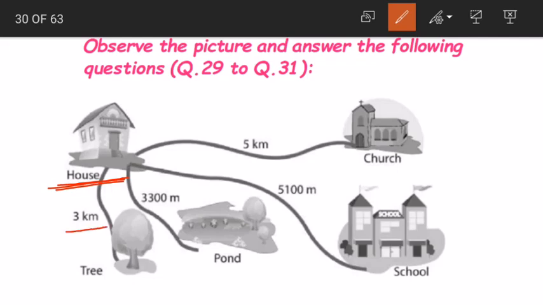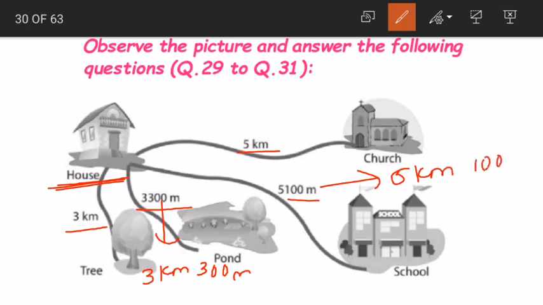We are having 3 kilometers, 3300 meters, 5 kilometers and 5100 meters. So 3300 meters is nothing but 3 kilometers, 300 meters. 5100 meters is nothing but 5 kilometers and 100 meters. Now children, which is the farthest?